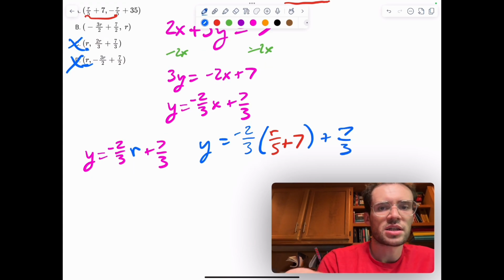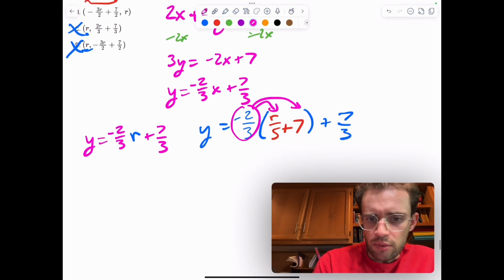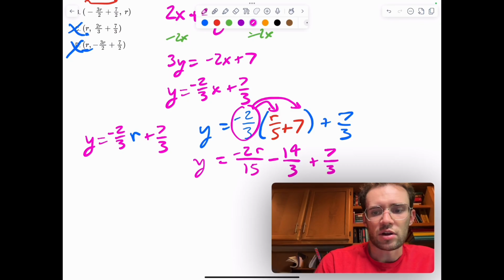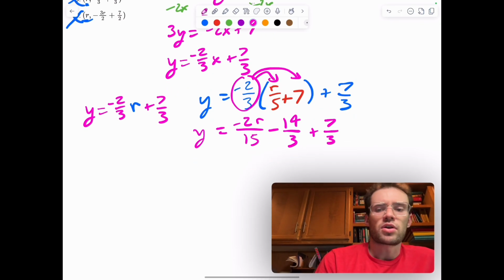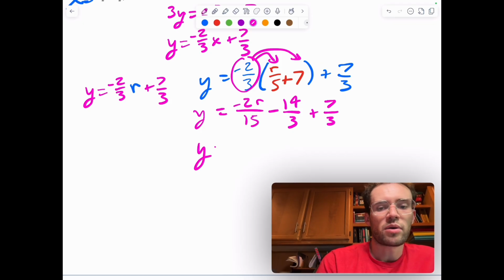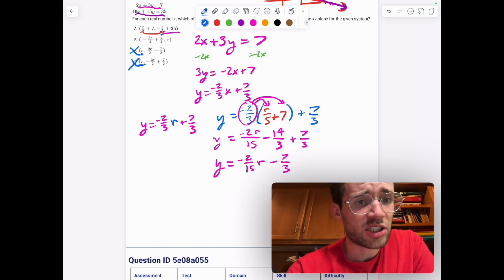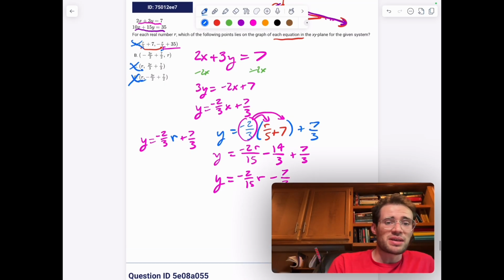Now if I distribute this negative 2/3 to both of the terms in the parentheses, this value of x that I plugged in from a, it would give me y is equal to, let's see, negative 2r over 15, and then negative 2/3 times positive 7 would be negative 14 over 3, and we have plus 7/3. So negative 14 over 3 plus 7 over 3 would give us negative 7 over 3. So y would be equal to negative 2/15 r minus 7/3. And that's not the y value they have here. They have negative r over 5 plus 35, which is not equivalent. So actually, we can eliminate a, and that means it's going to be b.